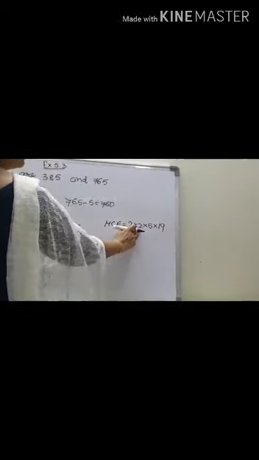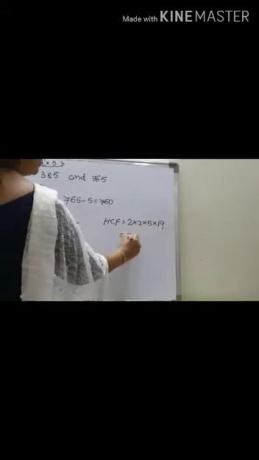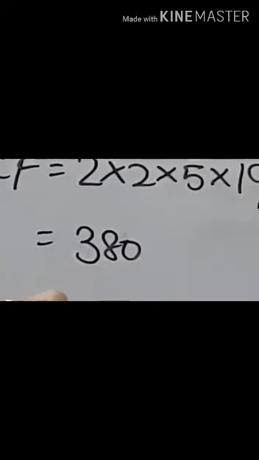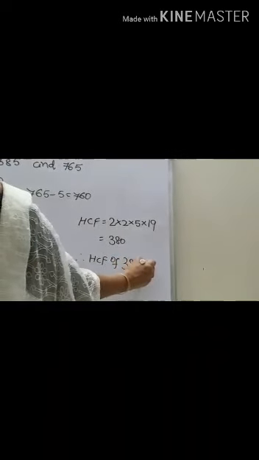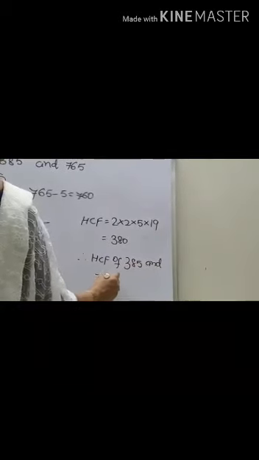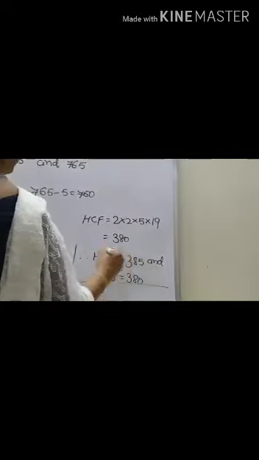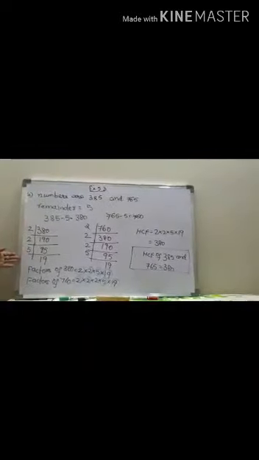So children, 2 2s are 4, 5 4s are 20. 20 into 19 is equal to 380. So therefore the HCF of 385 and 765 is equal to 380. Hope you understood this, children. Thank you.